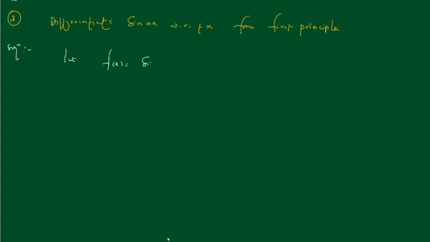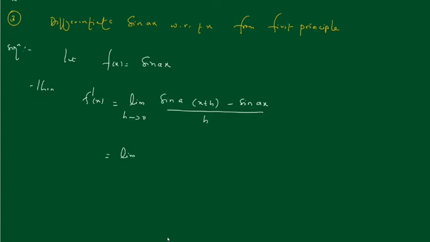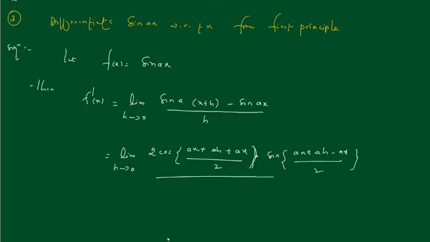So let f of x equal sine ax, then f dash of x equals limit h tends to 0, sine of a times x plus h, minus sine ax, all divided by h, which equals limit h tends to 0, 2 cos of (ax plus ah plus ax) all divided by 2, sine of (ax plus ah minus ax) by 2, all divided by h.